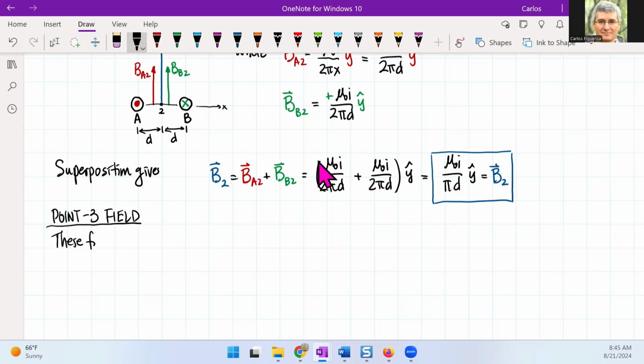These fields point in the opposite direction.